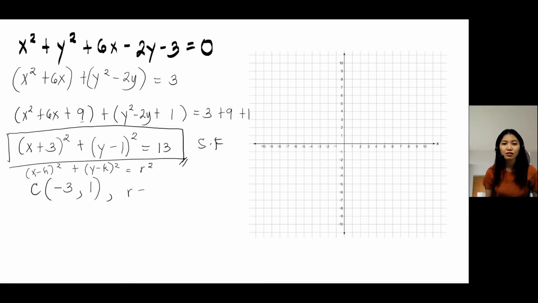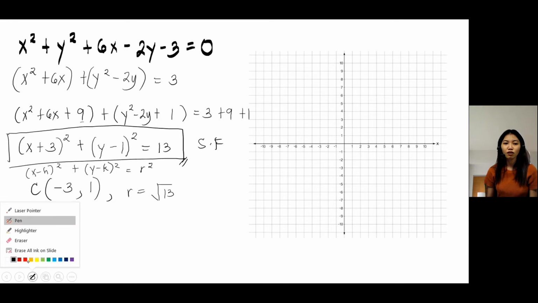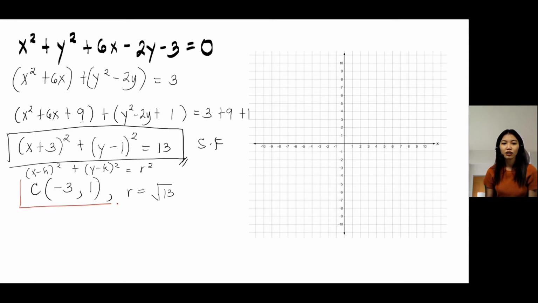Kunin lang po ang square root nitong 13. Ang 13 ba is perfect square? No. So, since hindi siya perfect square, just simply write square root of 13. And this will be the center and the radius of the given equation of the circle. Again, the center is negative 3 and 1, and the radius is square root of 13.